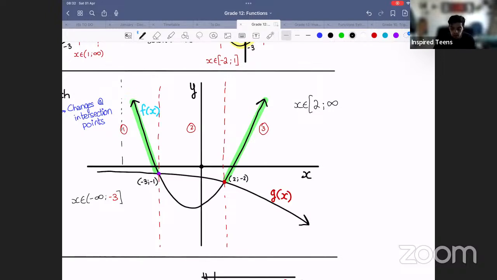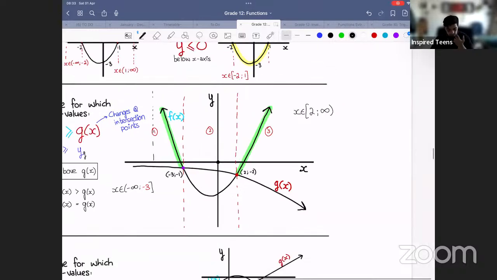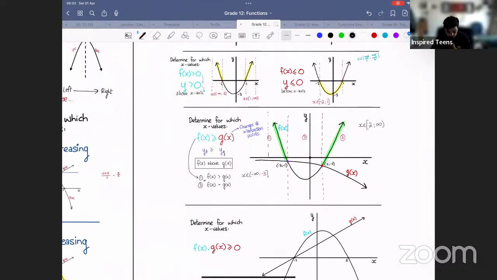Positive infinity, exclude, because you always exclude infinity. Correct. So I exclude. All right, so that's our answers for that one. Let's move on to the next.